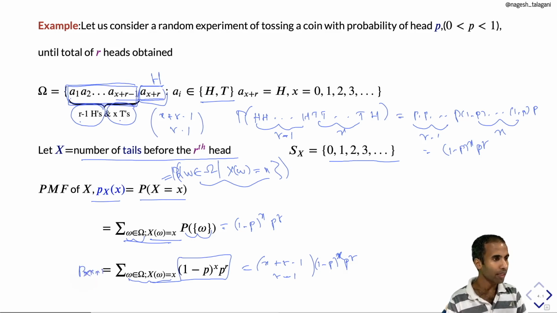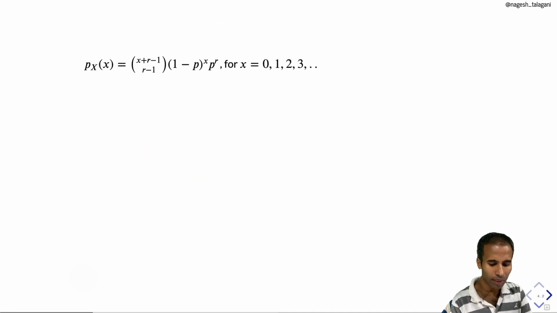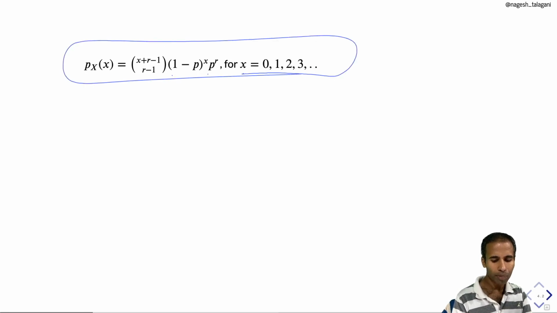In the next slide, I will write it. So the PMF of X is (X plus R minus 1) choose (R minus 1), (1 minus P) to the power of X times P to the power of R, for X equal to 0, 1, 2, 3, and so on. This is the PMF P_X of x.